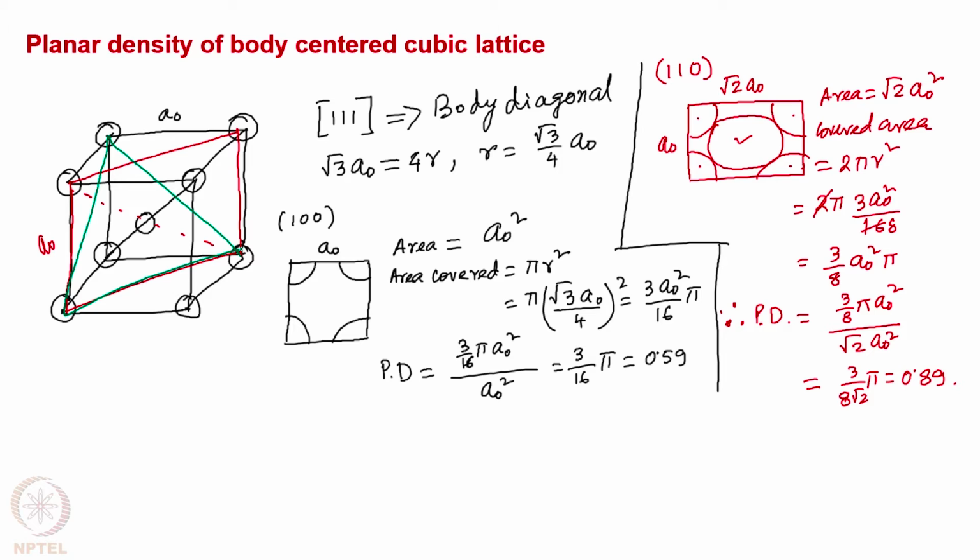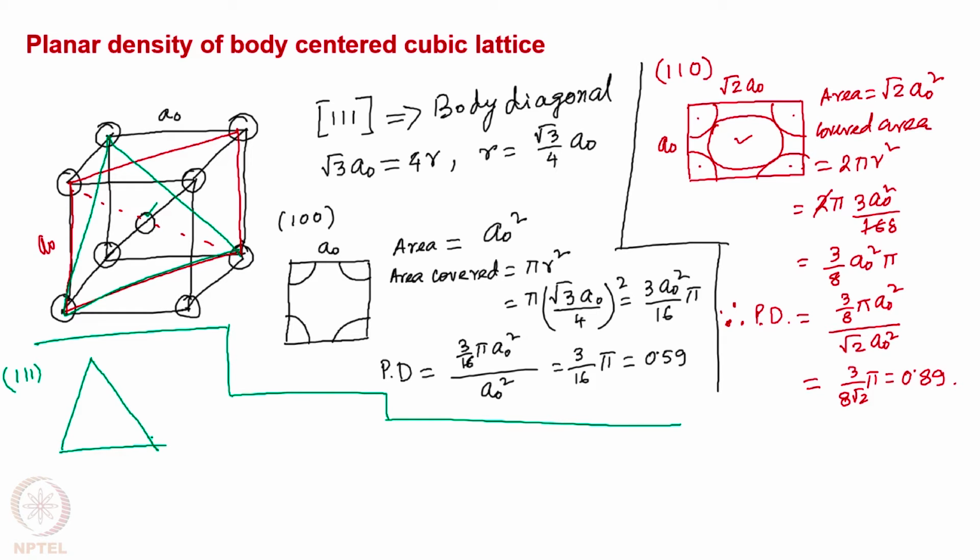Interestingly, this 1 1 1 plane does not contain that point which is at half, half, half. The 1 1 1 plane, which is a triangular plane, should look like this, where we have three corners occupied by atoms and every side is root 2 a.